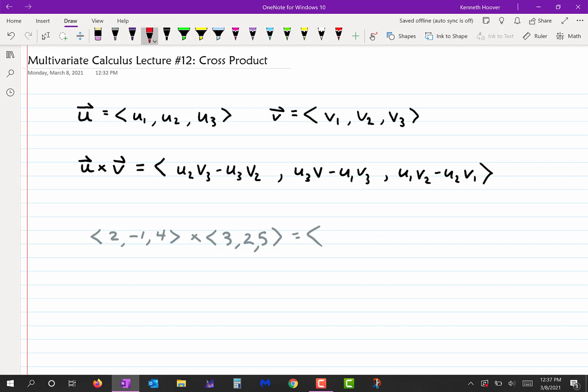So we do negative 1 times 5 minus 4 times 2. Let's write that down here: negative 1 times 5 minus 4 times 2. So that's negative 5 minus 8, so that's negative 13.